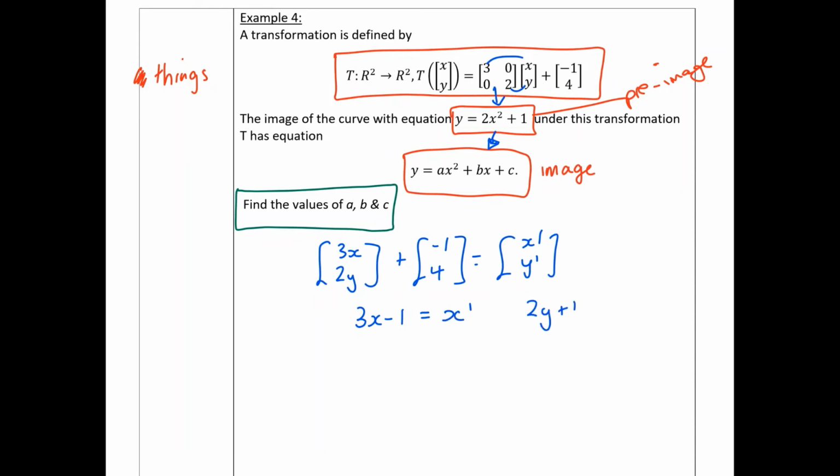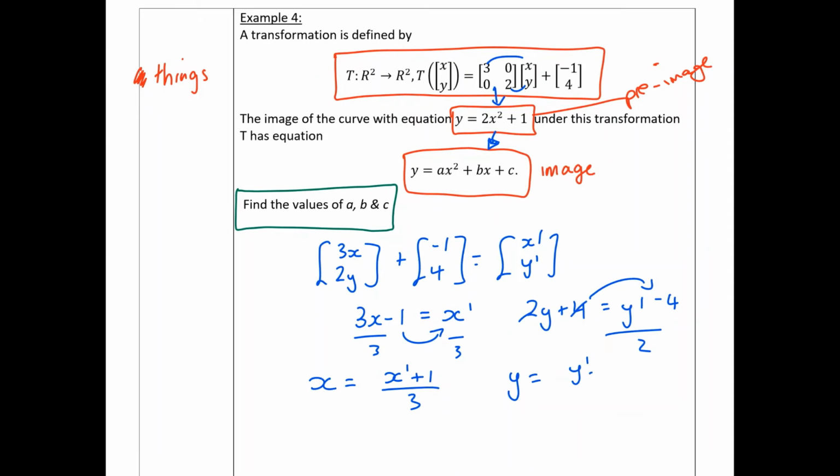And 2y plus 4, that bottom line, must therefore equal y dash. If I add 1 and divide by 3, then x equals (x dash plus 1) on 3. If I minus 4 and divide by 2, then y must equal (y dash minus 4) on 2.